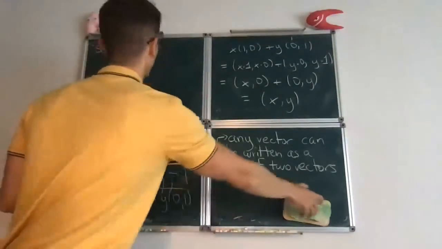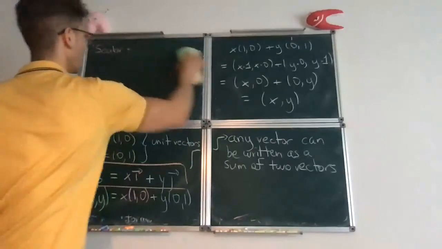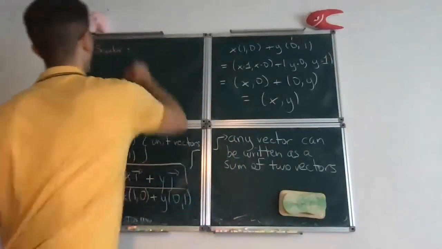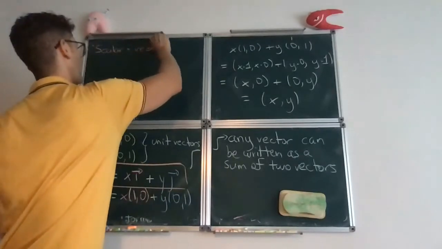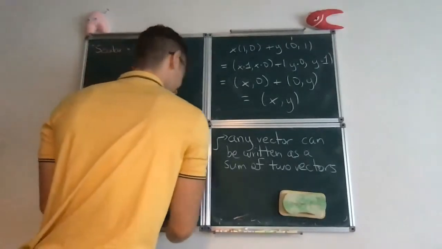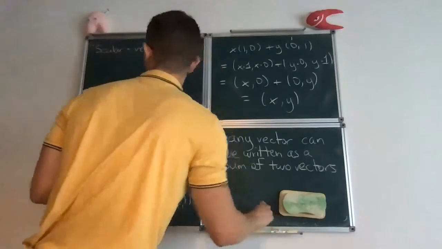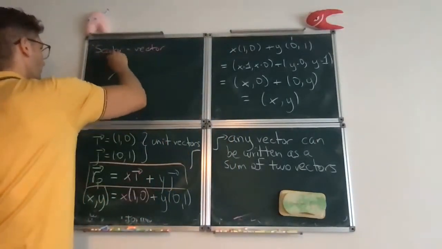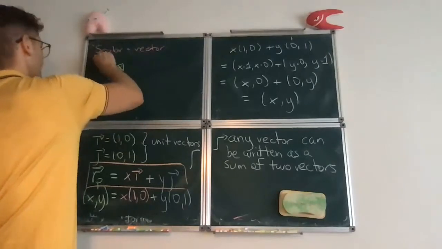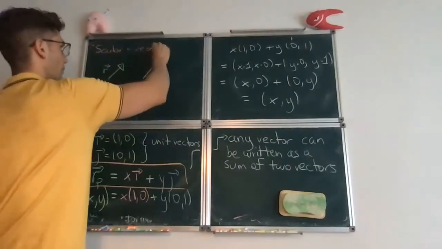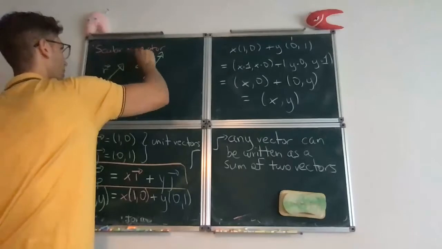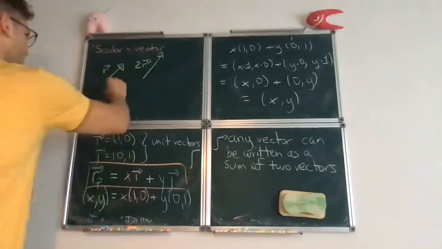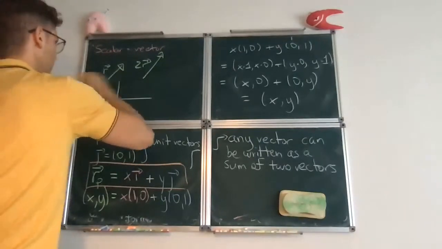Well, as I had said before, say this is a vector r. This would be the vector 2r, right? You preserve the direction and just double the size.